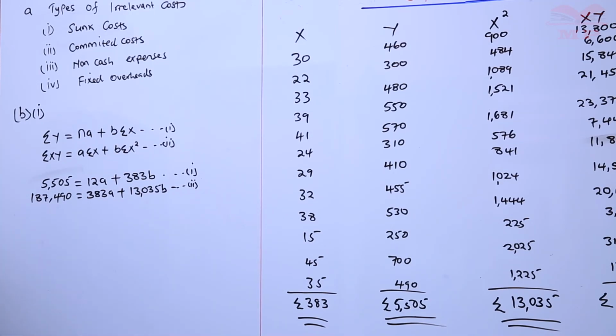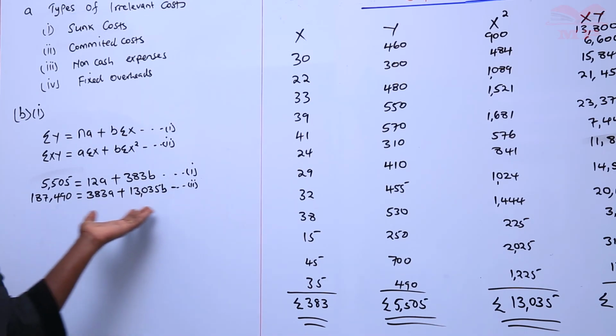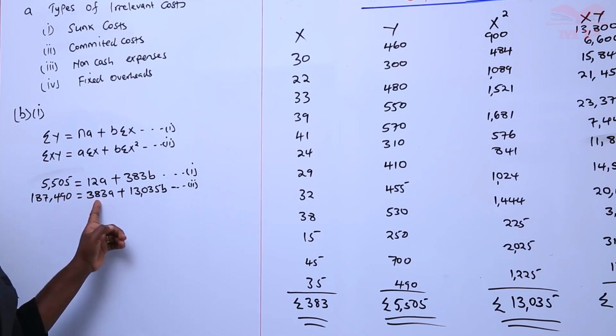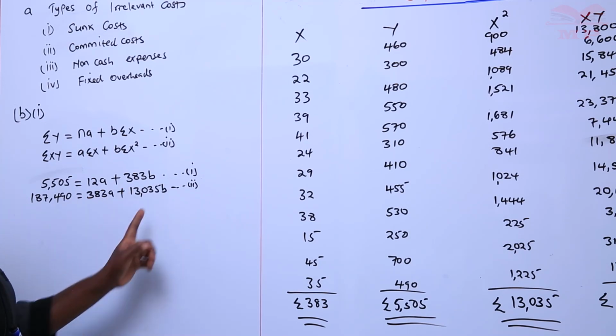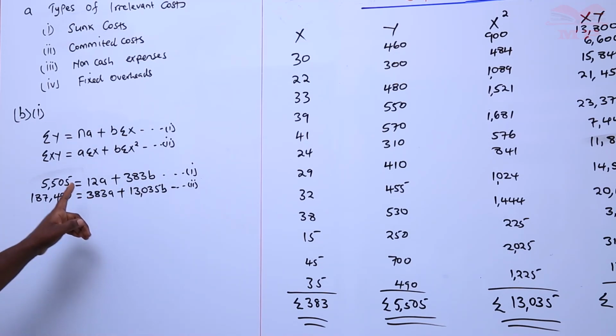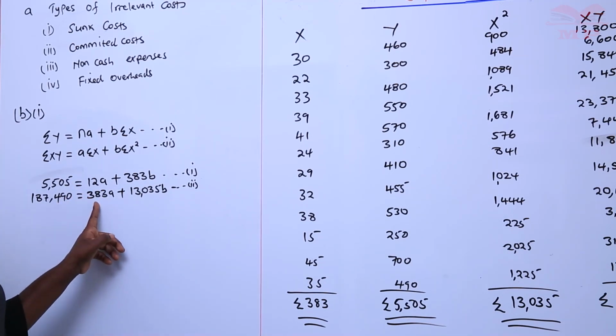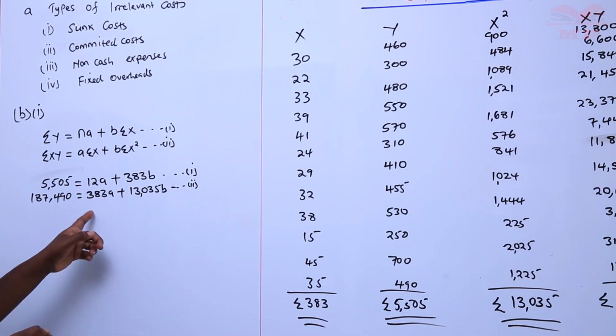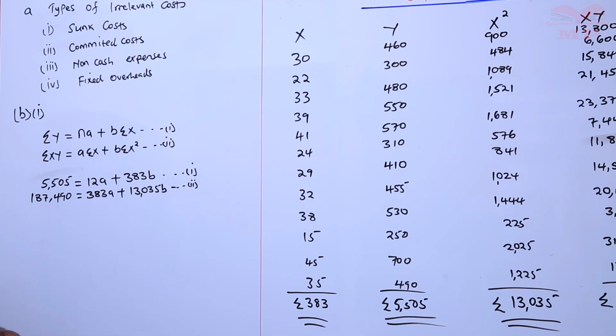When we are solving our equations simultaneously, what we normally do is use the elimination method. The elimination method is where we are either eliminating a or eliminating b. Because a has lower figures, we can eliminate a. How do we eliminate a? I think the best way to do it, especially in your exams, is just to cross multiply.